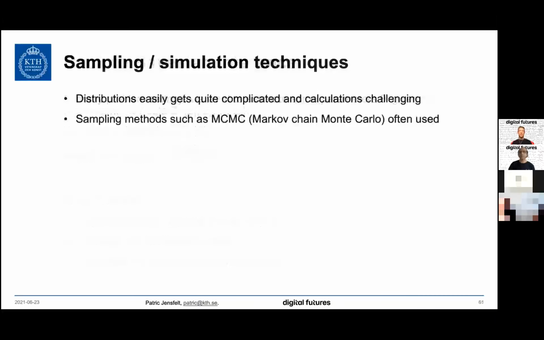In practice, these distributions are quite complicated and the calculations can be quite challenging. If we have high dimensional state spaces, then we often have to evaluate very high dimensional integrals, for example, and then we often have to resort to sampling-based methods. But you can do it.